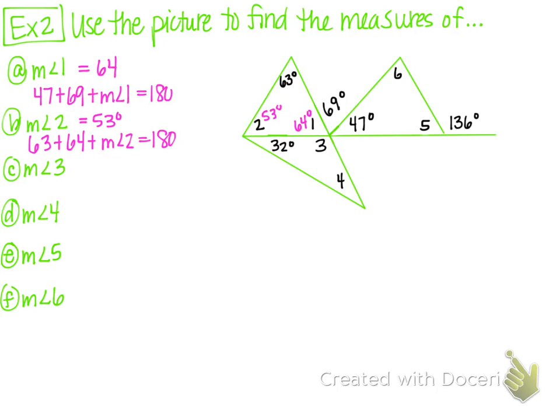So 64 plus the measure of angle 3 would give me 180 degrees. So literally, I could take 180 and subtract 64 from it, and I know that the measure of angle 3 is 116 degrees. So I'm going to write that on my picture.